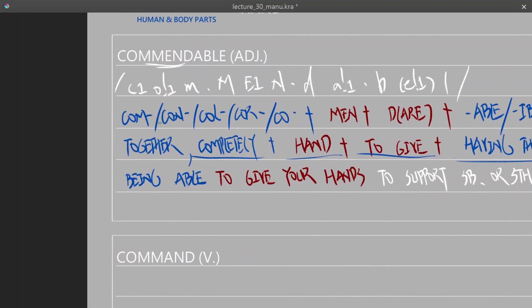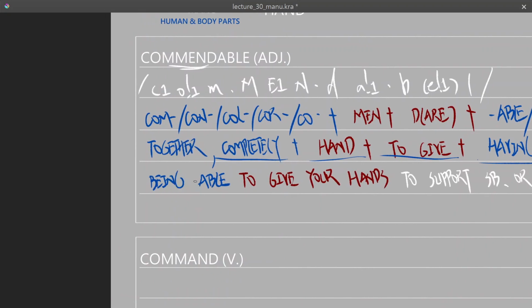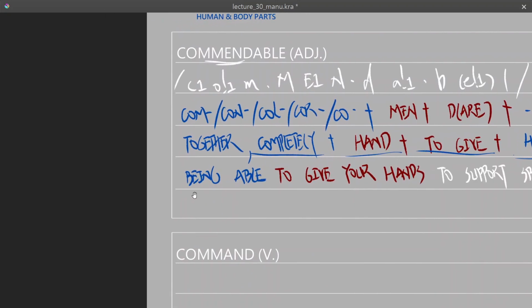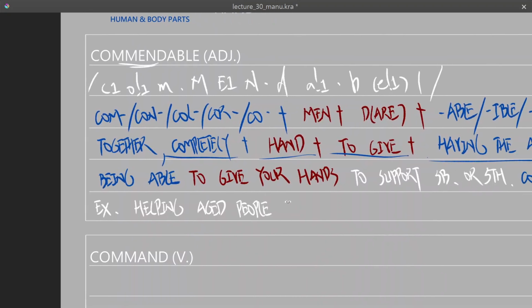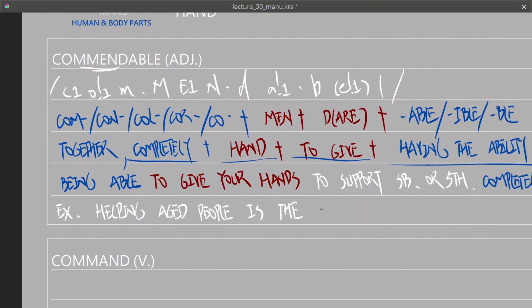Commendable. So for example, we could say, helping aged people is the commendable behavior.